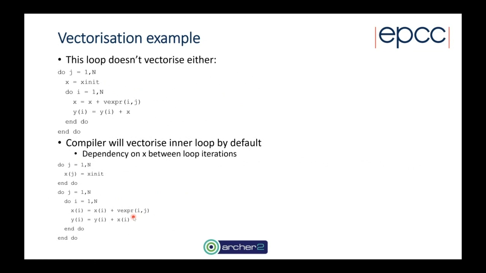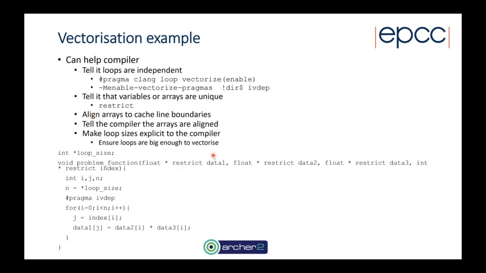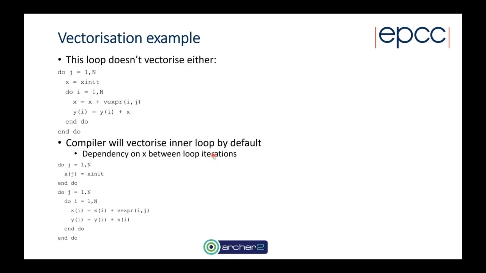Here's an example of a loop that the compiler would be unhappy to vectorize in Fortran as well. In Fortran, we generally don't have the same issues of pointers overlapping in memory, although you can use pointers in Fortran, but people don't tend to. But here we've got an example of a loop nest.